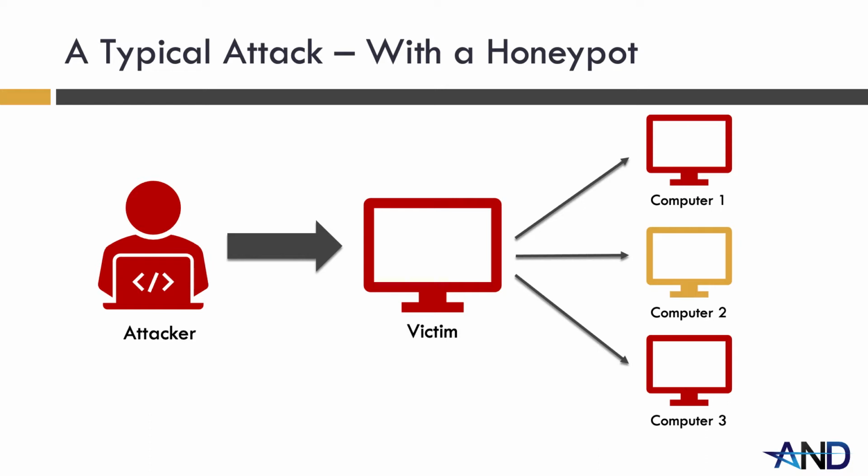The beauty of this is that it doesn't necessarily matter if the attacker was able to successfully authenticate to that computer, maybe even by simply viewing the login prompt and attempting to authenticate, or even simply by scanning it. We have an interaction point which we can then monitor and get alerts from and know that the attacker has done this.